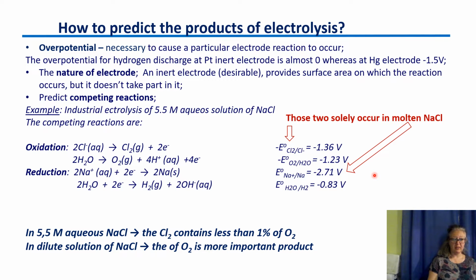On the other hand, oxygen reveals a higher overpotential as compared to chlorine. And in fact, in the industrial electrolysis of concentrated aqueous sodium chloride, the chlorine contains less than 1% of oxygen.